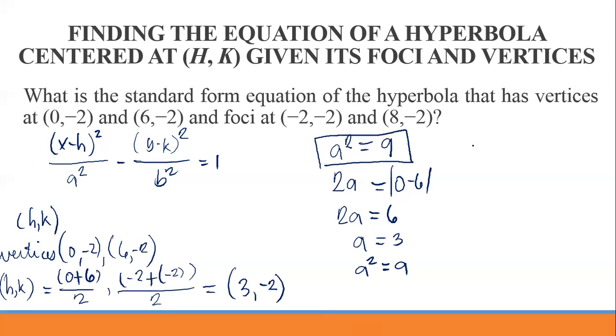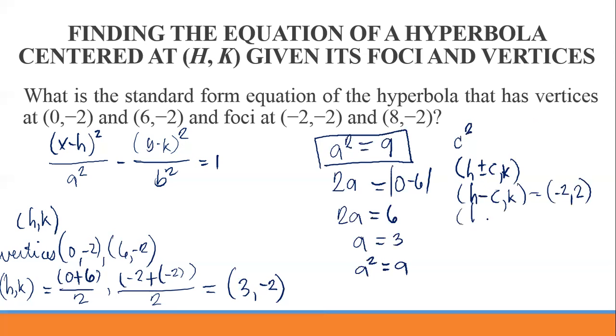Now, we need to find c squared and the coordinates for the foci. So, ano yung mga coordinates natin sa foci? (h plus minus c, k), tama? So, (h - c, k) is equal to (-2, -2).